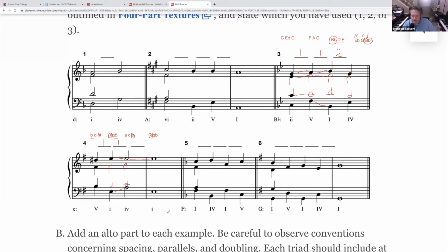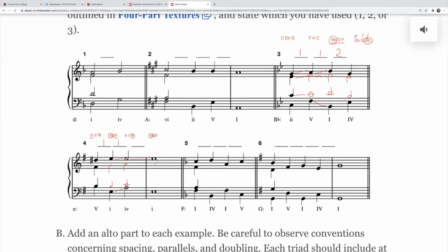It's not as smooth as the other ways. I think we're safe in saying that we're either going to go by 1 or 3 because we have the common tone, right? Oh, with the G.